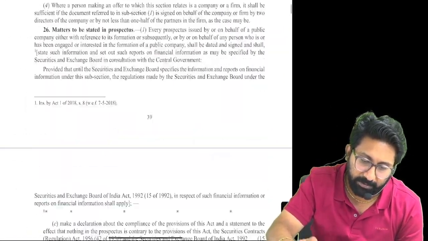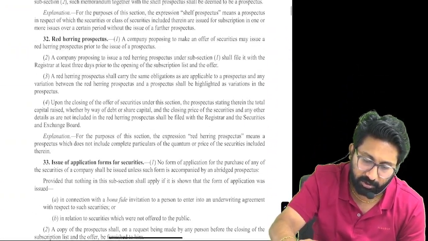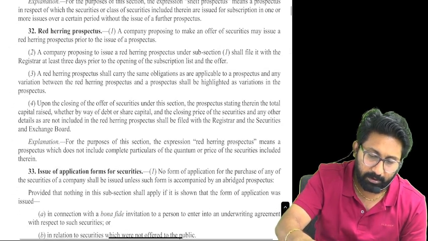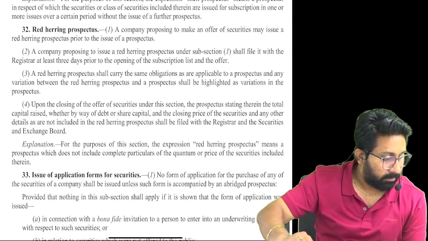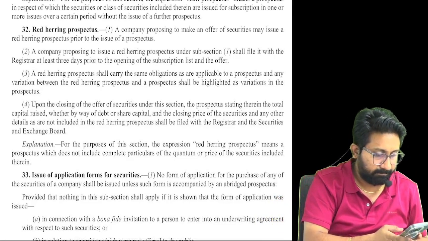Now I will give you 1 minute. Read section number 32 and confirm whether you understood or not. Read fast.